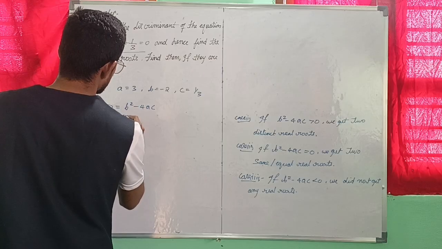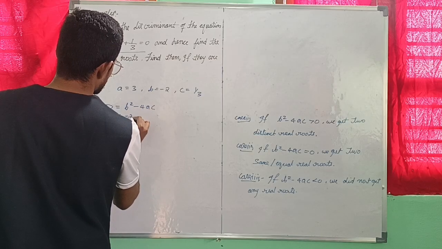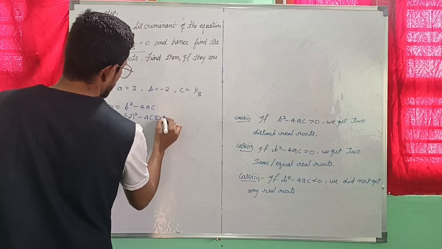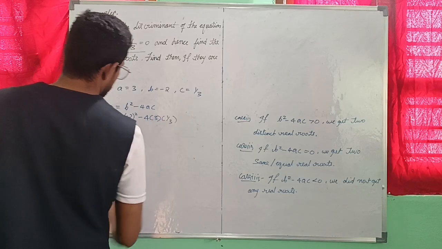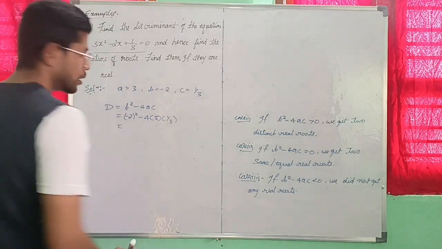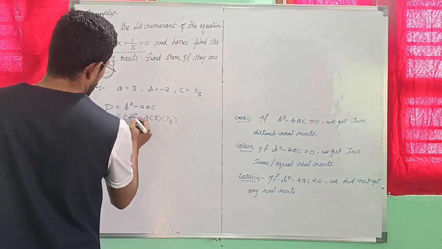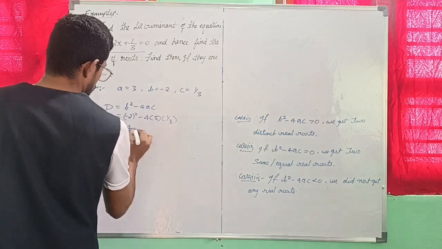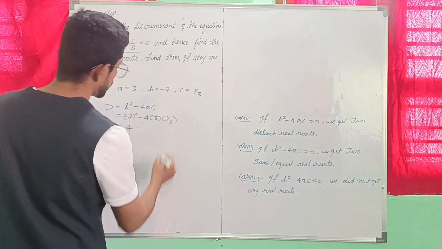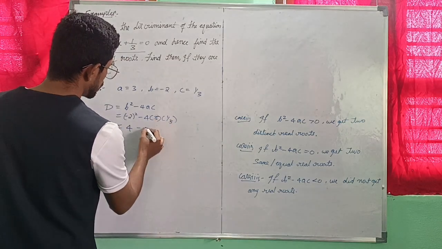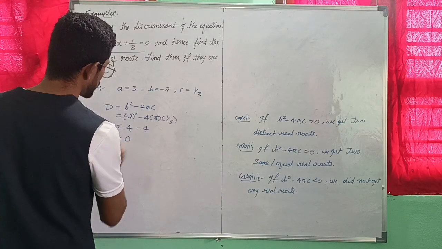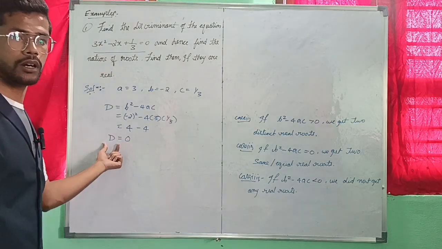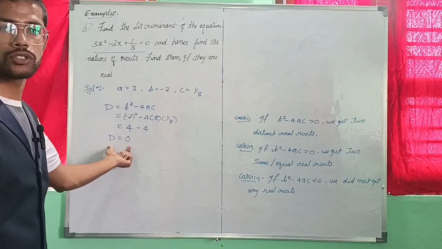So b is minus 2, so minus 2 square minus 4 into a, which is 3, and c, which is 1 by 3. When we simplify this, minus 2 whole square is 4, minus here the 3s cancel, so 4 minus 4 is 0. So the discriminant is equal to 0.